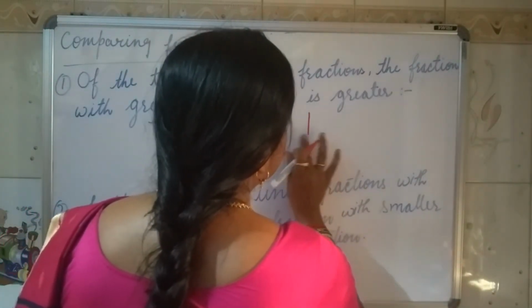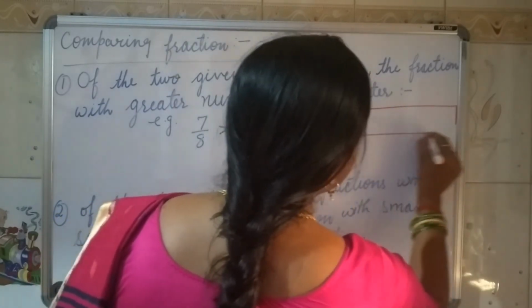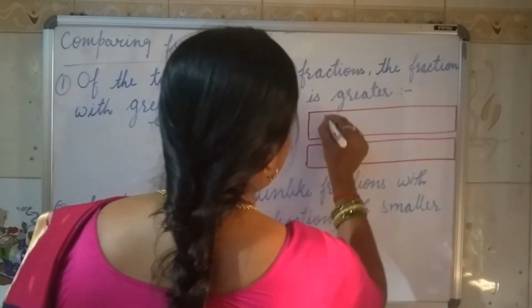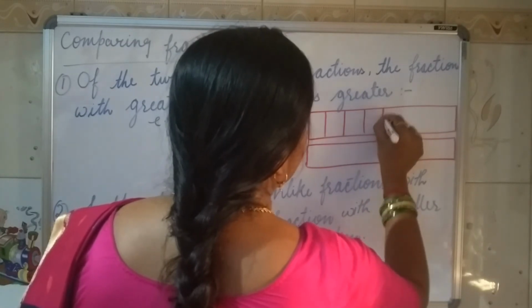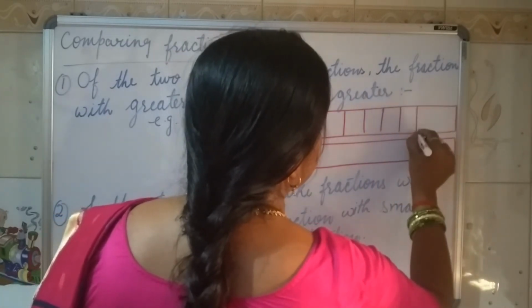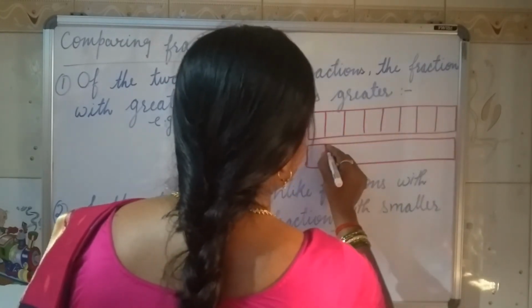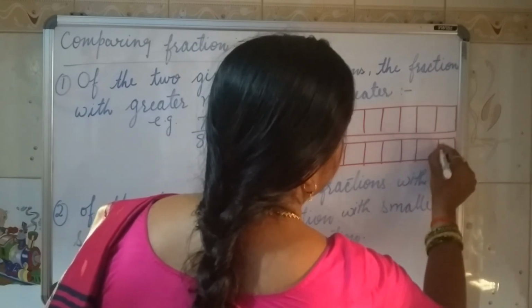I am taking one example here. See, if I am taking this chocolate, I divided this chocolate into 8 parts. One, 2, 3, 4, 5, 6, 7, 8. Similarly, this chocolate also into 8 parts.